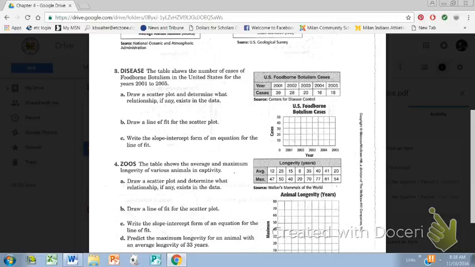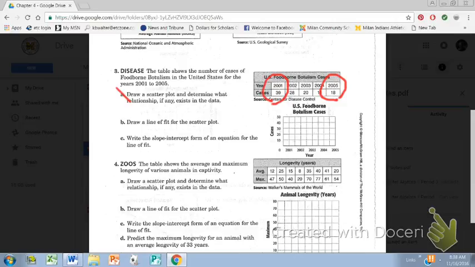For problem 3, I definitely want you to use 2001 and 2005. Go ahead and graph the scatter plot like it says in step A, and then draw the line of fit, but I'm telling you ahead of time which ones to pick, 2001, 2005, so that way the equation's the same for all of us.